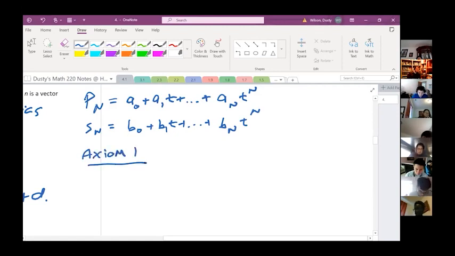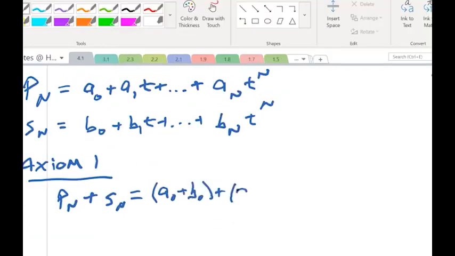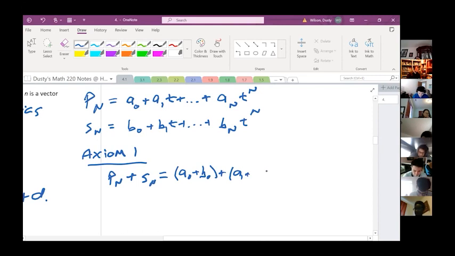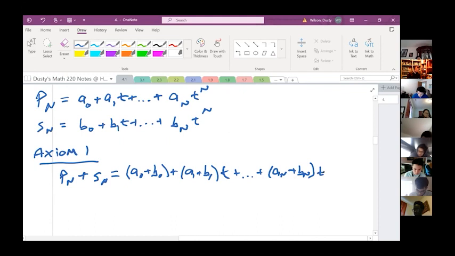Let's take two of these things, Pn and Sn, arbitrary things, and see whether it's still in the space. So if I take Pn and Sn and I add them together, I'm going to get a0 plus b0, a1 plus b1, and so on. This is an nth degree polynomial. So we would say this is still an element of our set. And if I want to describe the set, I'll use the double bar P with a little n at the bottom. So it is an element of the set of nth degree polynomials.